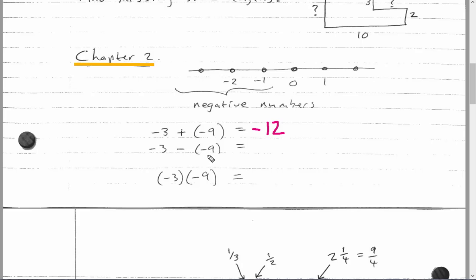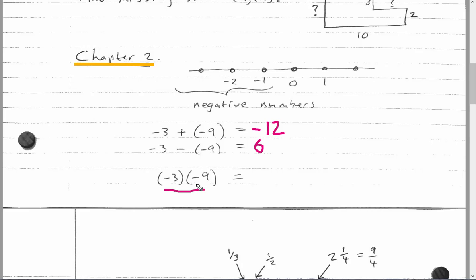Here's a subtraction. Then it gets confusing. So this is negative 3 minus negative 9. So we're subtracting negative 9 this time. You could think of this as like taking away a debt, which is the same as getting money. So this is really the same as negative 3 plus 9. So that's plus 6. What's the operation here? Are we adding or subtracting?